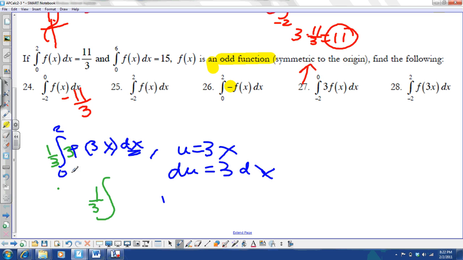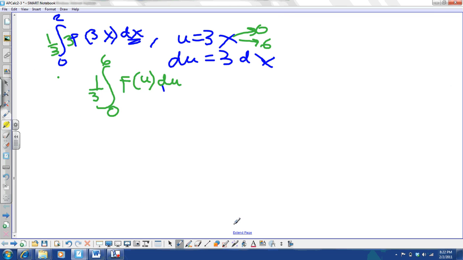times the integral. We need to figure out our new limits. We plug in 0, we get 0, so our new lower limit will still be 0. And we plug in 2, we get 6. That was familiar. And then we have f of u du. Well, they gave us that, didn't they?